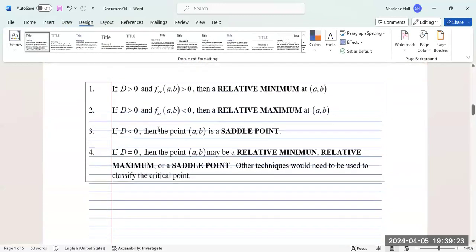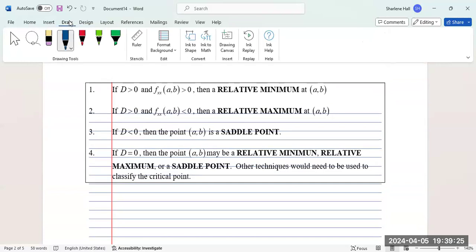What happens when D equals 0? So it can mean anything. Yeah, and we have to use other techniques to figure it out. So we're going to leave that as it is.